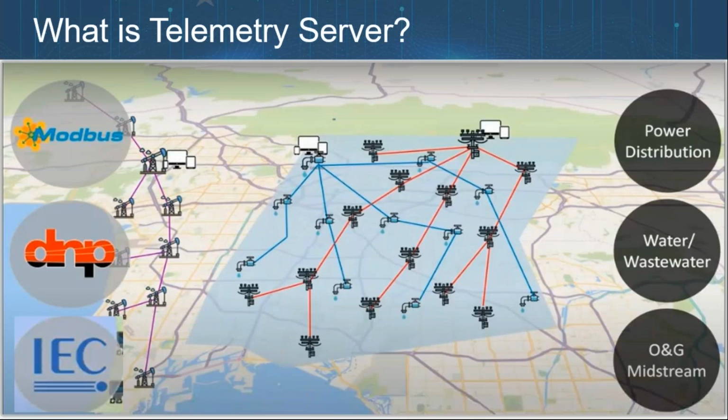The telemetry server enriches the integration of industry verticals such as power distribution, water, wastewater, oil and gas with the system platform. It provides a complete connectivity package tailored specifically to geographically distributed applications that leverage communications protocols such as DNP3, IEC, and Modbus.